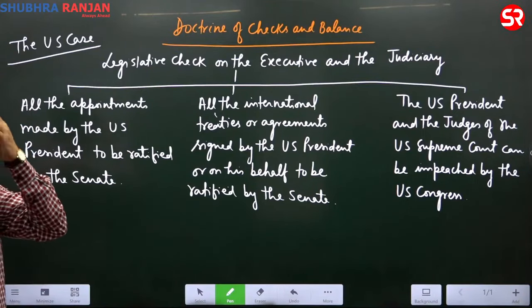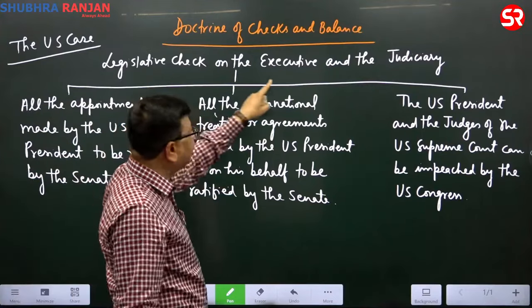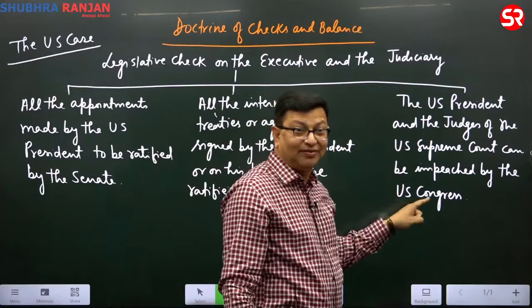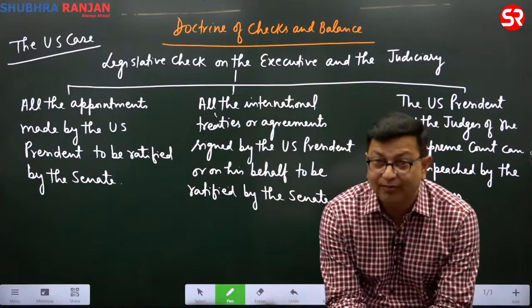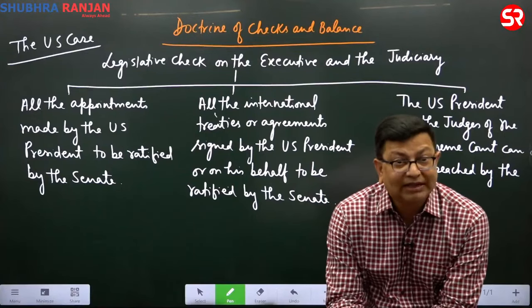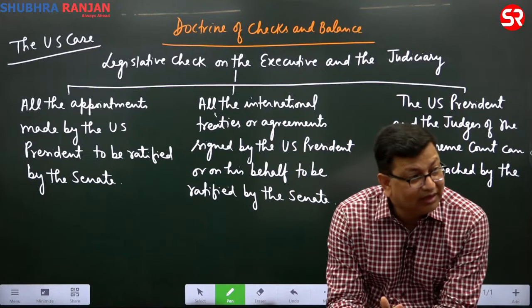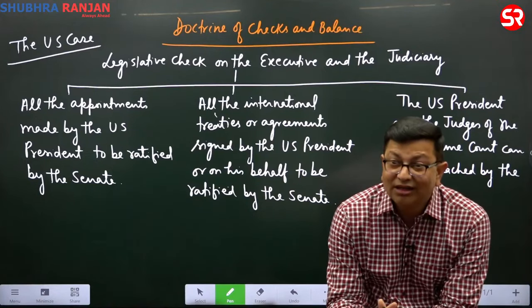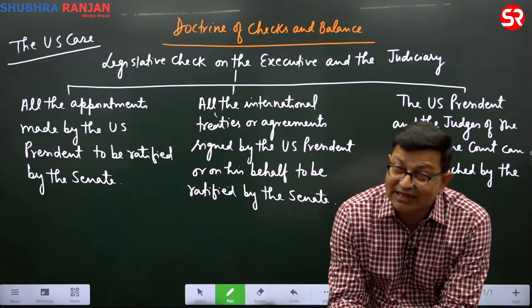So here the impeachment can be done. You see that there is a legislative check on the executive as well as the judiciary. Even the judges of the US Supreme Court can be removed by the process of impeachment. So this is how there is a check on the executive and the judiciary by the legislature.